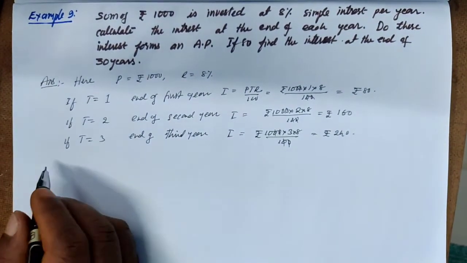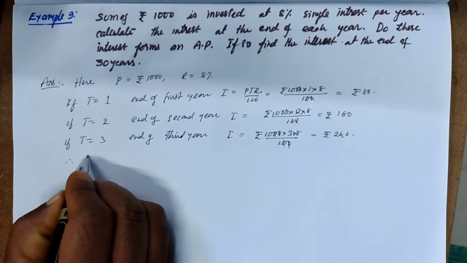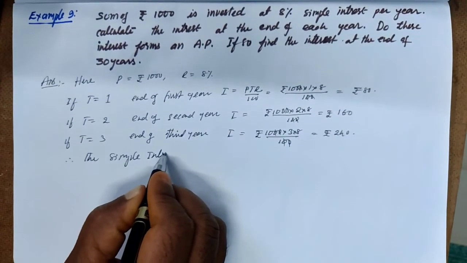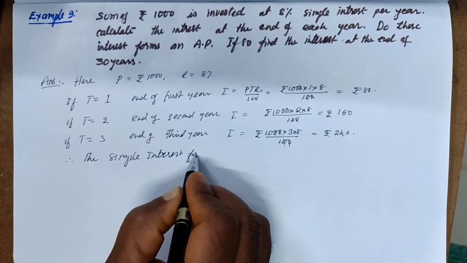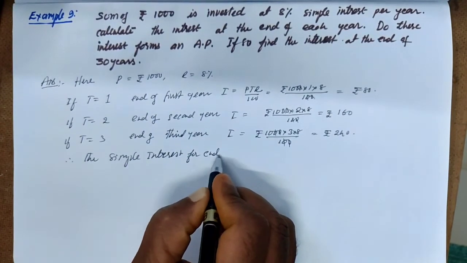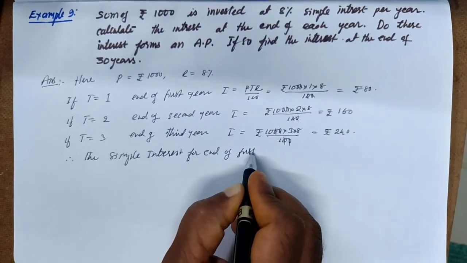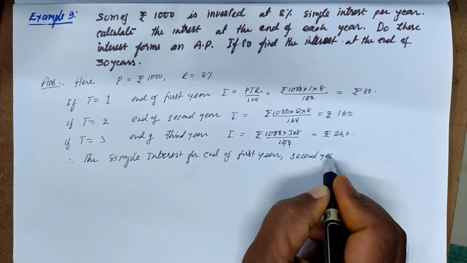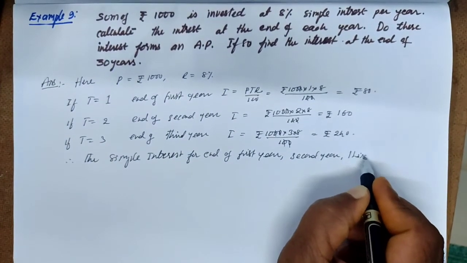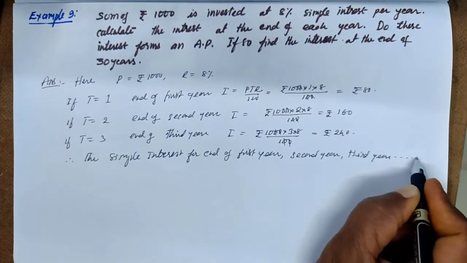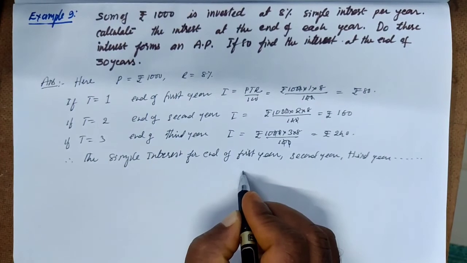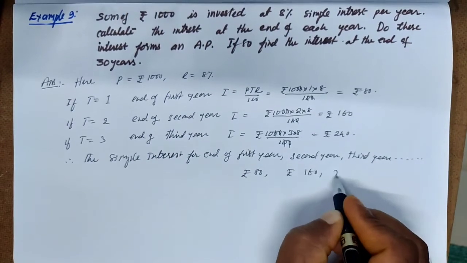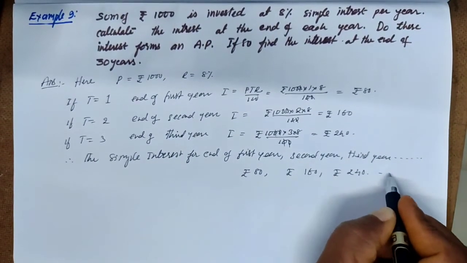So here, the simple interest for the end of the first year, second year, third year, and so on, is rupees 80, rupees 160, rupees 240, and so on.